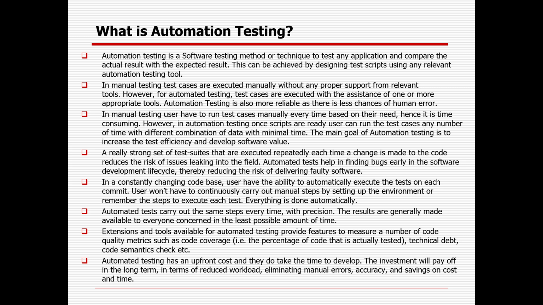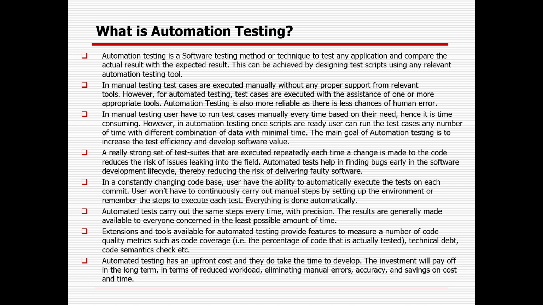Automation testing is the software testing method or technique to test any application and compare the actual result with the expected result. This can be achieved by designing test scripts using any relevant automation testing tool, framework, and programming language. In manual testing, test cases are executed manually without any proper support from relevant tools.